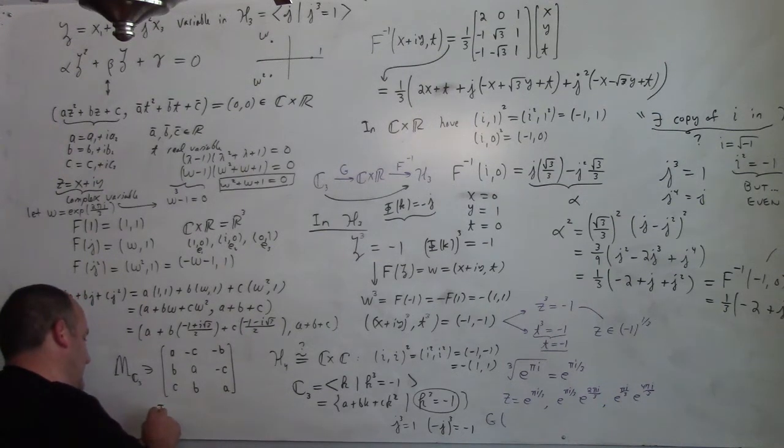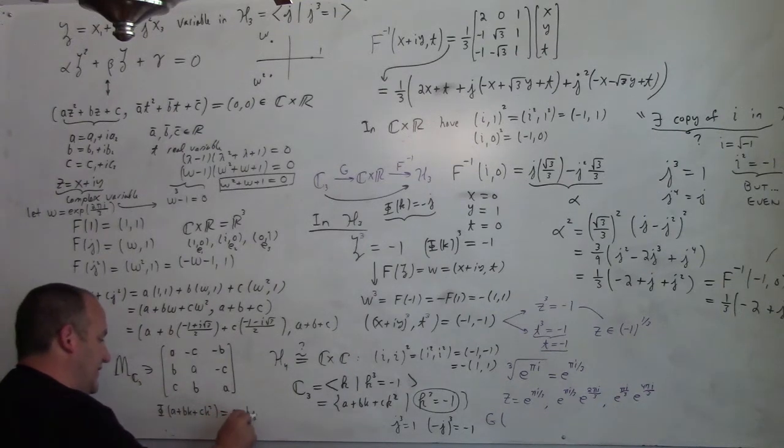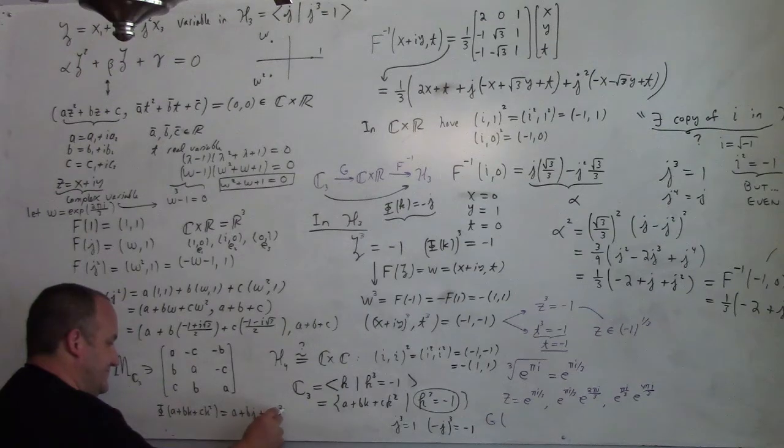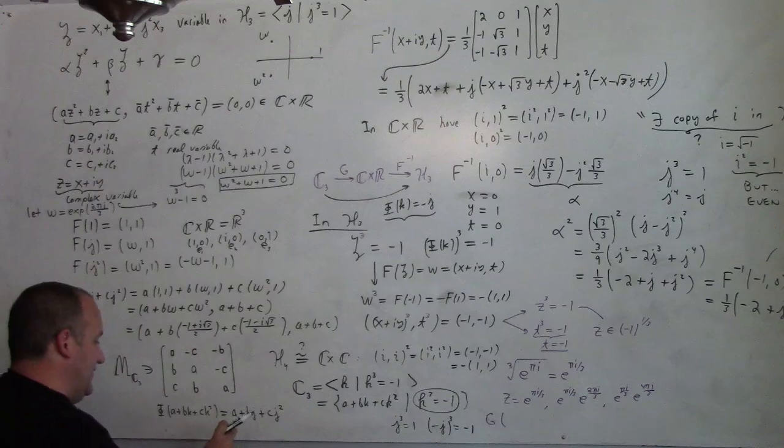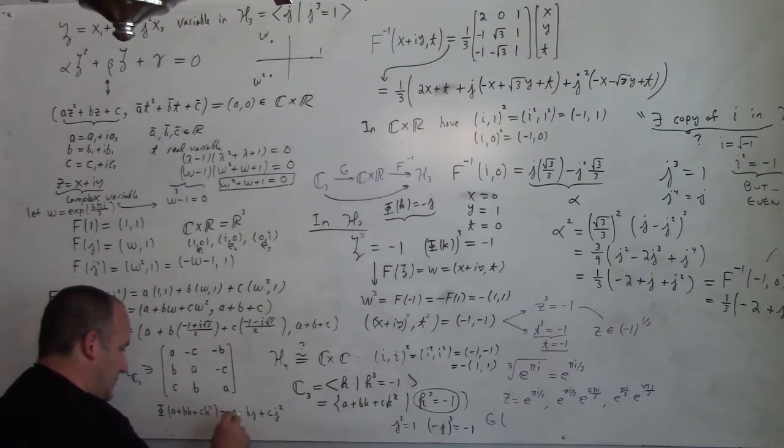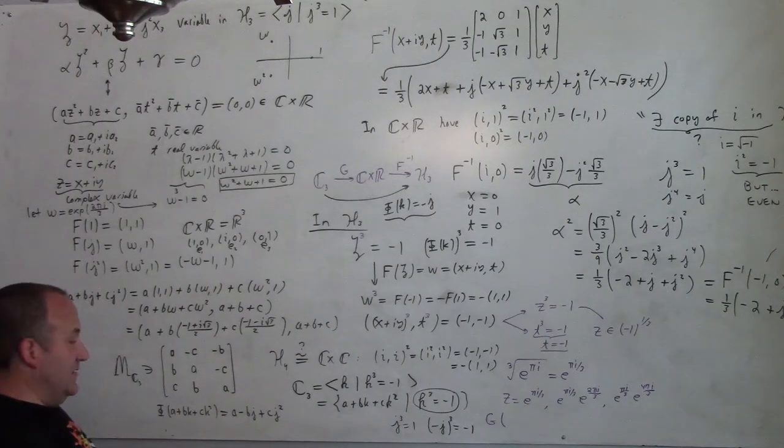Psi. Yeah, if we do phi of a plus bk plus ck squared, it is a plus bj plus cj squared. But I'm supposed to send k to minus j, right? Yeah.